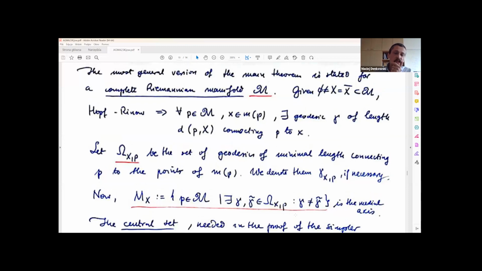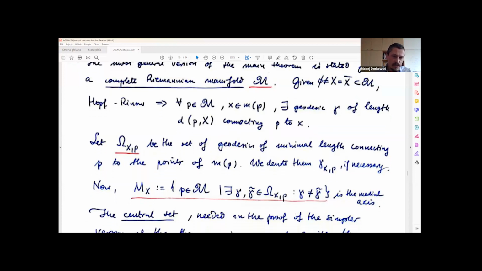So the most general result concerns the Riemannian manifold. And a Riemannian manifold, of course, that we will assume to be complete, so as to have the possibility of applying the Hopf-Rinow theorem. The Hopf-Rinow theorem says that you can always join a point from the manifold to its closest point by a geodesic, right, of exactly the minimal length.